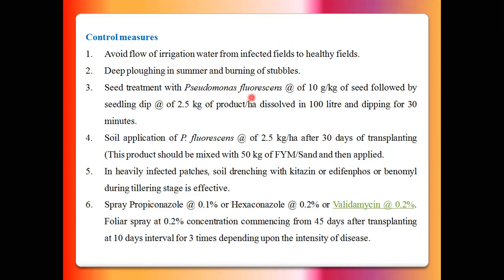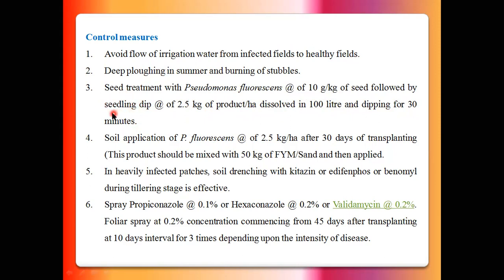Then seed treatment with Pseudomonas fluorescens at the rate of 10 gram per kg of seeds, followed by seedling dip at the rate of 2.5 kg Pseudomonas fluorescens per hectare dissolved in 100 liters, and finally dipping for 30 minutes. This is to avoid the attack of the pathogens on the younger seedlings.